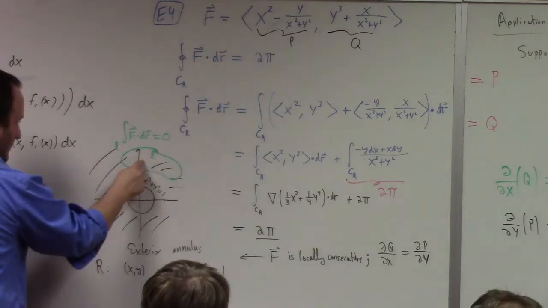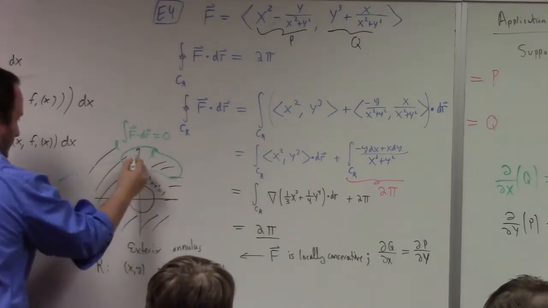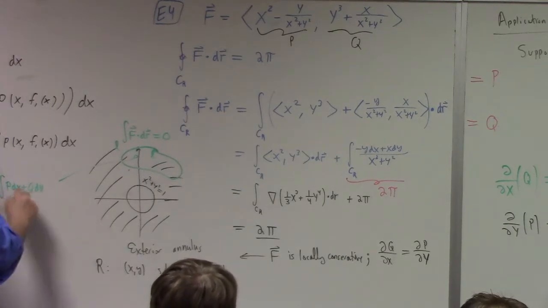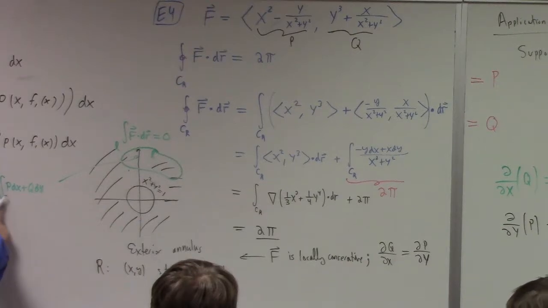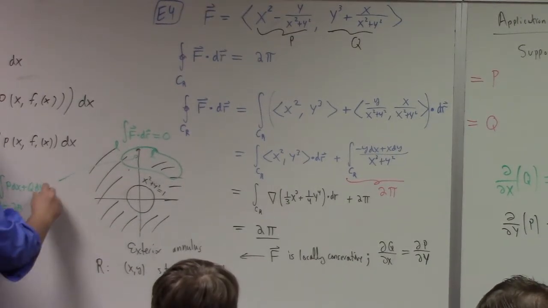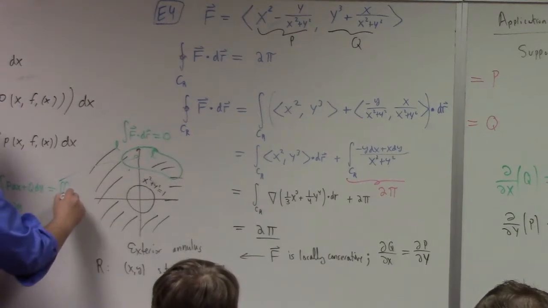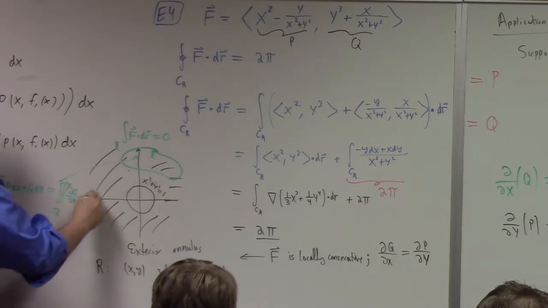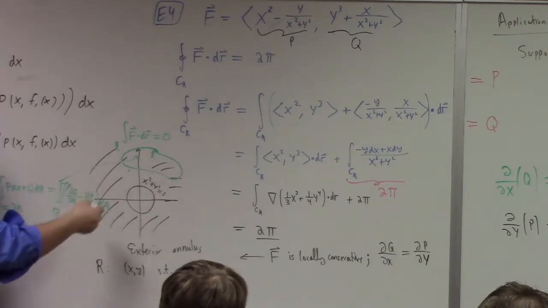I can apply Green's theorem to this loop, right? And Green's theorem in that loop is what? It's P dx plus Q dy over the boundary, which I've called L. Suppose that's the boundary of B. Well, that's the integral over B of partial Q partial x minus partial P partial y, which I'm telling you is 0.